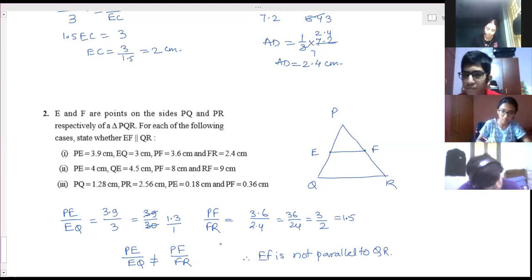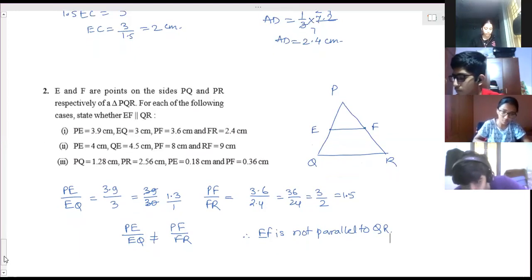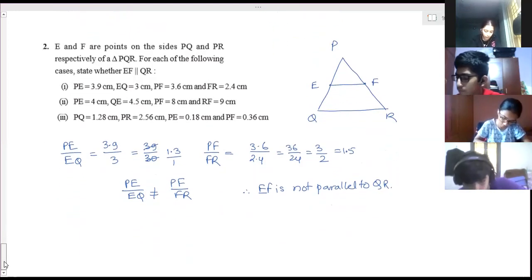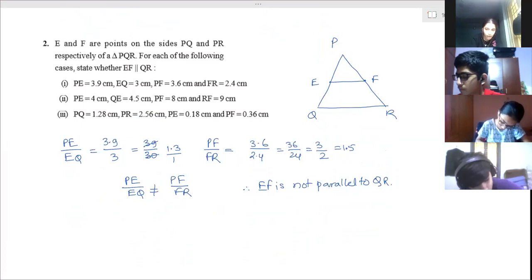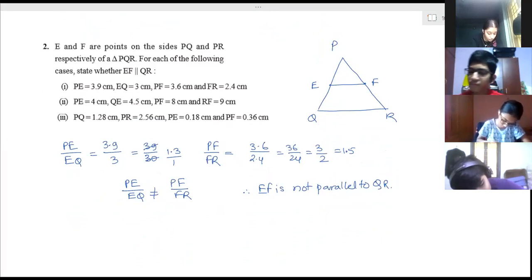So like that, find out the remaining two also. Ma'am, in the second case they are parallel.